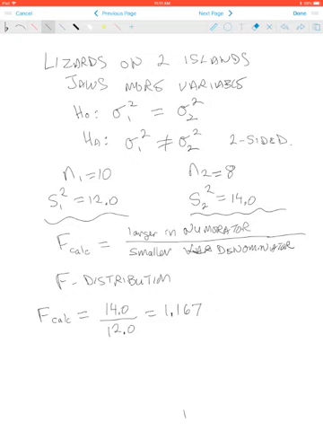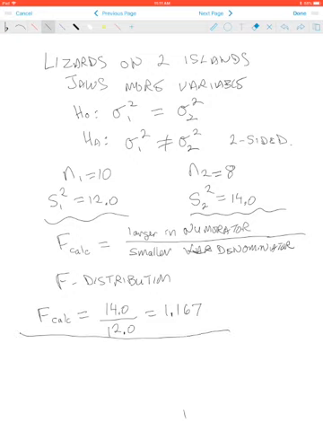So it's really a simple calculation. You just estimate sample variances for each of the two samples. You construct a ratio, sticking, for a two-sided test, the larger variance in the numerator, the smaller in the denominator, and just divide it. So really probably the easiest statistical test we carry out.